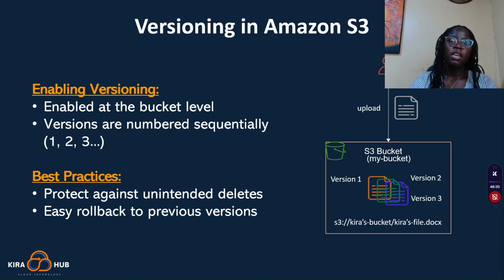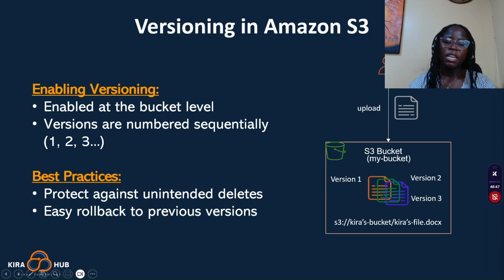And if something gets deleted or overwritten, you can restore a previous version of that file. And versioning also helps us roll back to a prior version if we make a mistake, or maybe the previous file state is needed. If you have ever used Google Docs, versioning works in a similar way. You can restore an earlier version of a document, making sure you don't lose any important information.